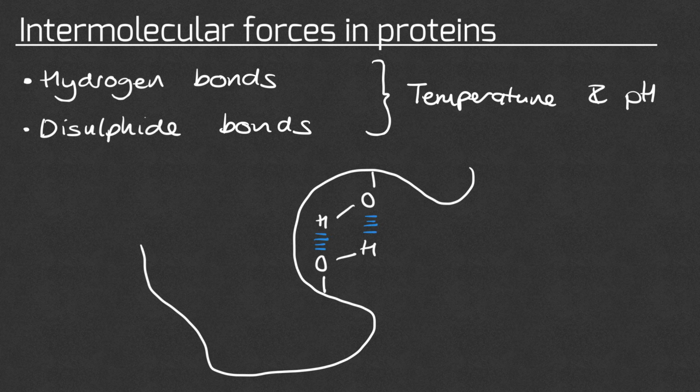And we can see how the hydrogen bonding between these two parts of the molecule could hold these two parts of the chain together, and how a disulfide bond in this position could hold these two parts of the chain together.